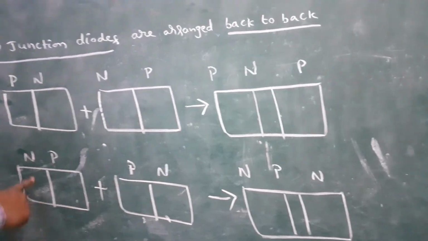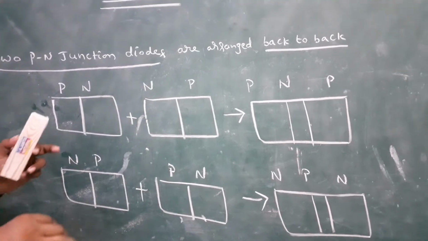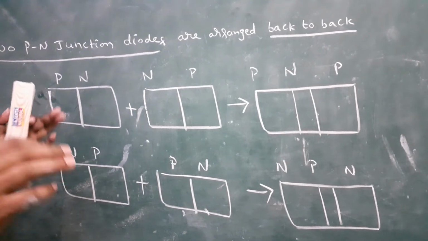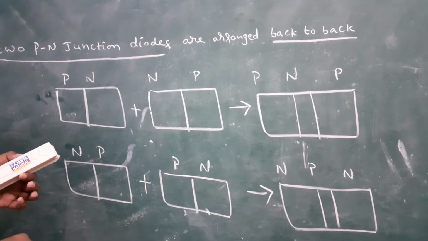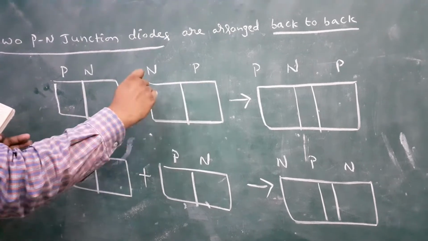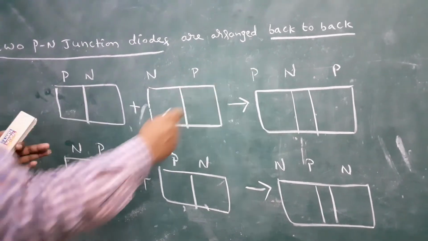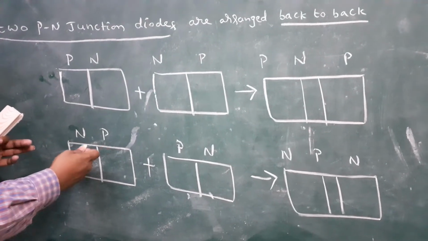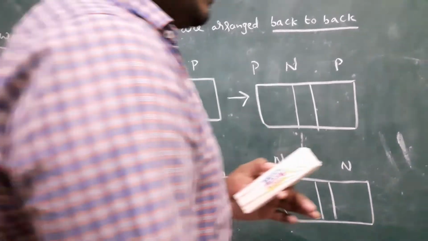This looks like N, P, N. That means a transistor is generally made of two PN junction diodes arranged back to back. This is PN, this back is NP. Both combined, we get a PNP transistor. NP plus PN, we get an NPN transistor.